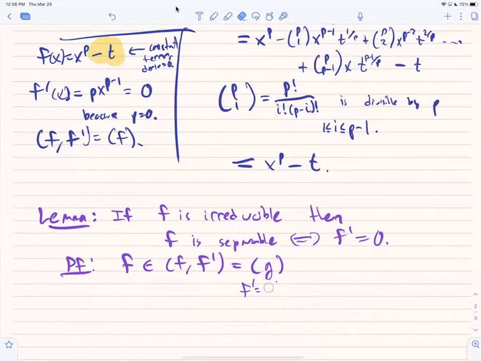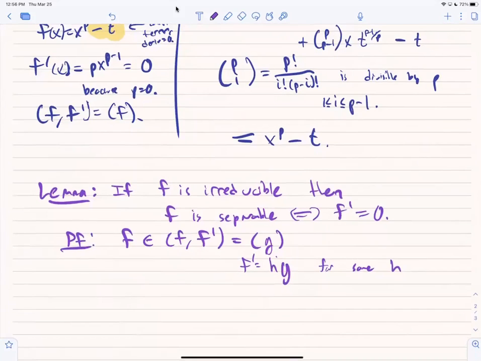So f prime is also in this ideal. So the degree of f prime is strictly less than the degree of f.